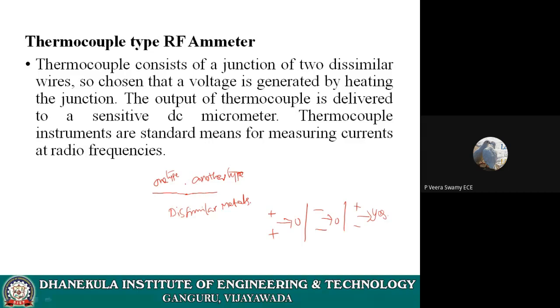This particular point is nothing but what? What is the name of this particular point? Junction. Yeah, that is junction. If it is dynamic or stationary, imaginary or physical, whatever it may be, it's a junction.